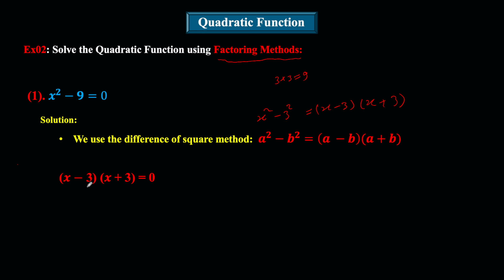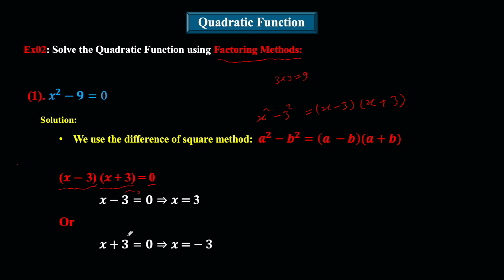Okay, so then we say this first part is equal to 0. Okay, x minus 3 is equal to 0. This leads that we take 3 to the other side, minus 3 to the other side, we get 3. Or x plus 3 is equal to 0, this one here.